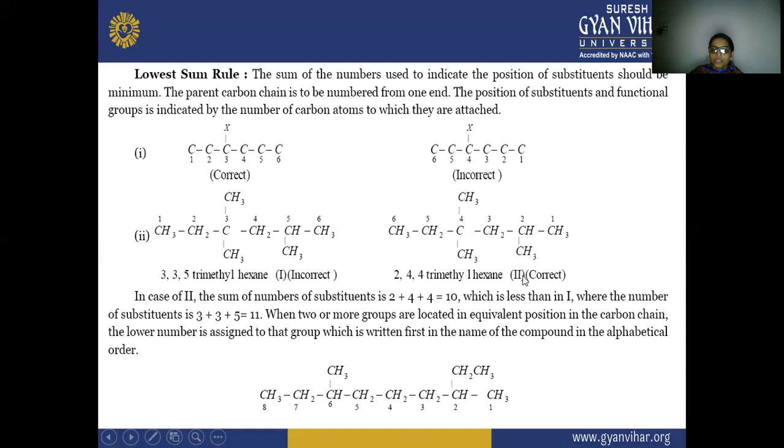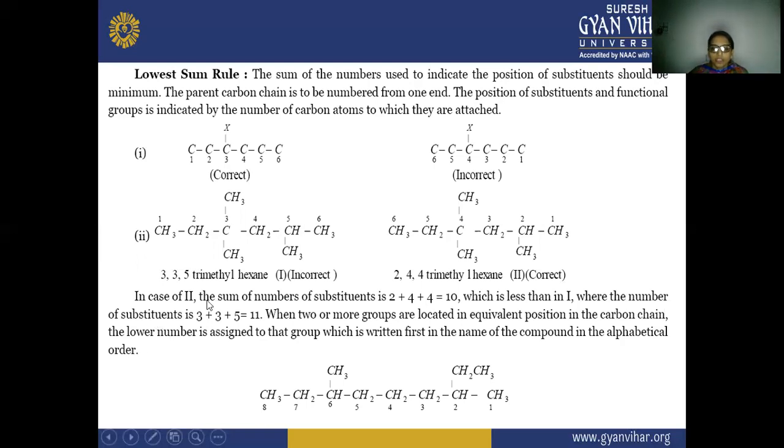In the second one, if we are numbering it from the right side, then 1, 2, 3, 4, 5, 6. Here the substituents get the second and the fourth carbon atom. So this is the correct name, because you can see here this is the lowest sum rule.